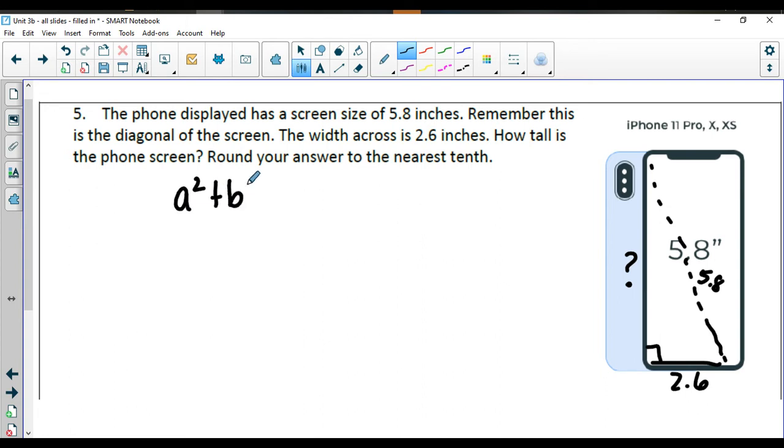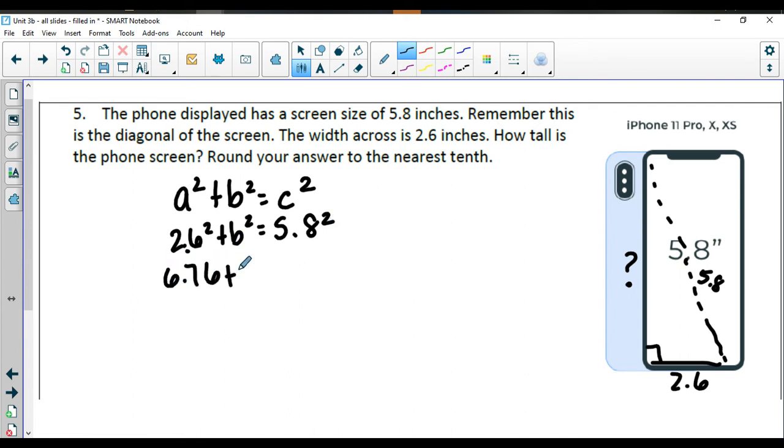So we're going to have a squared plus b squared equals c squared. So 2.6 squared plus b squared equals 5.8 squared. And 2.6 squared will give me 6.76 plus b squared. And 5.8 squared is 33.64.